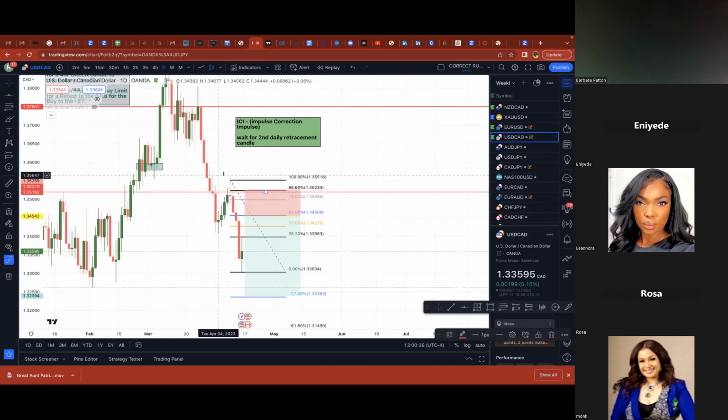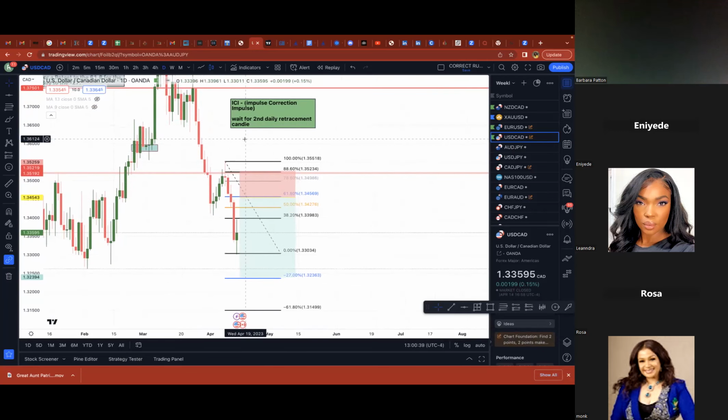Okay. So now we have this correction right here, and then we have this impulse that came down and made a lot of people some money.